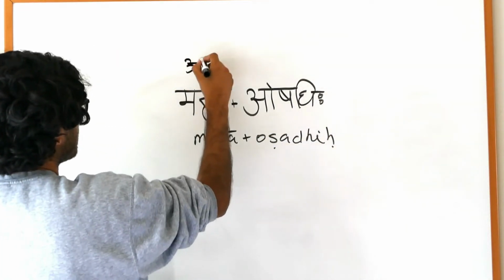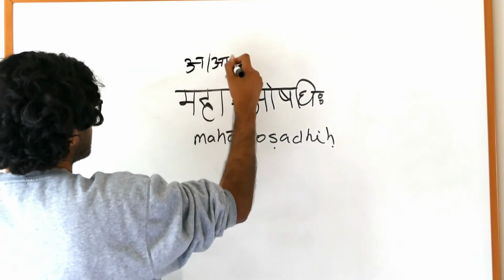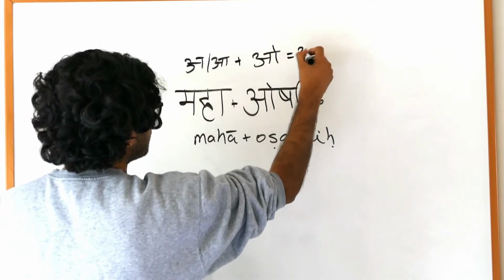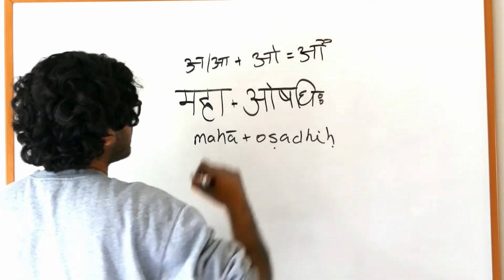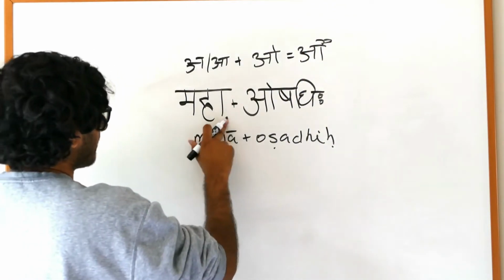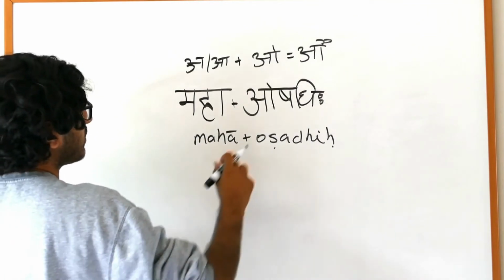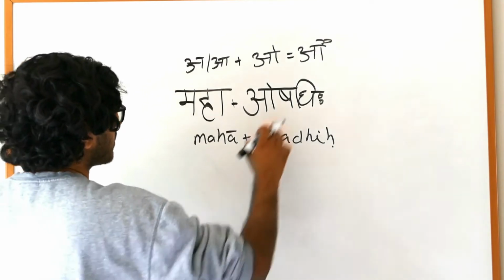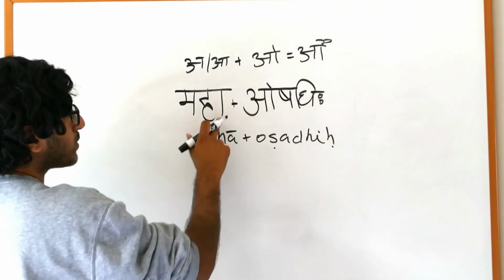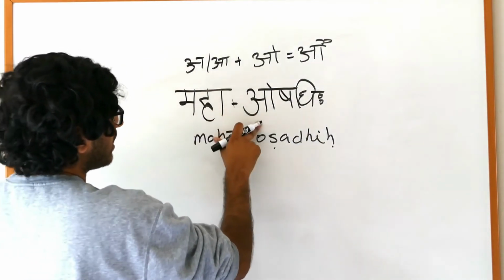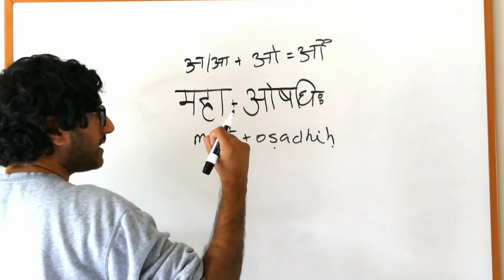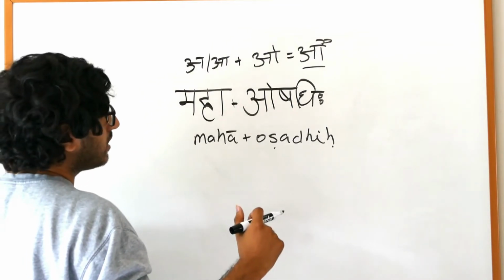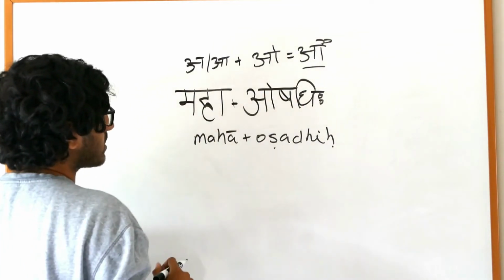Again, it's a or ā plus O, and we get O. So here we have a long ā followed by an O, so we follow the rules and we get O. Again, what we have to do is remove the preceding vowel and the following vowel and combine them to form this final Vṛddhi vowel right here and attach it to the previous consonant.